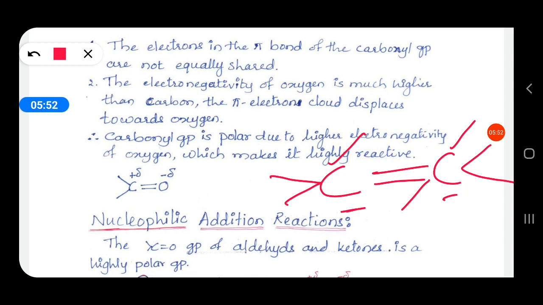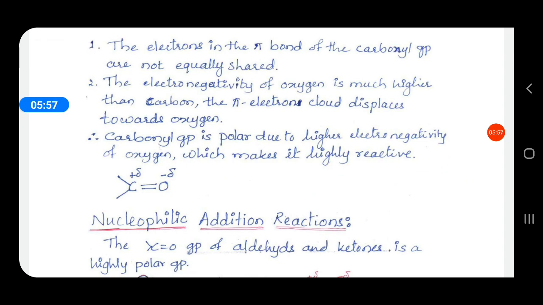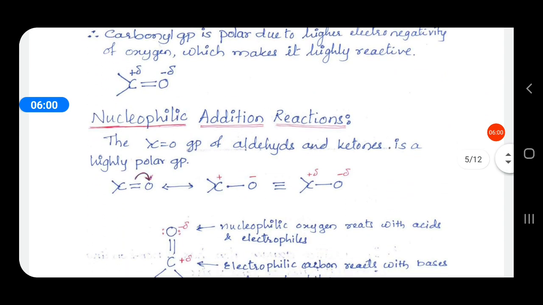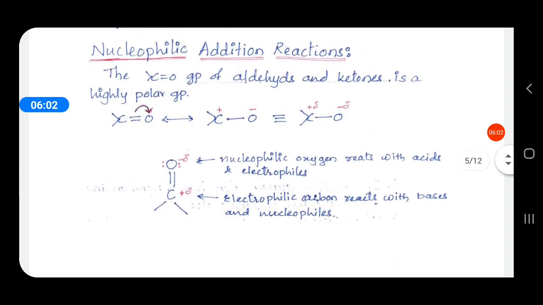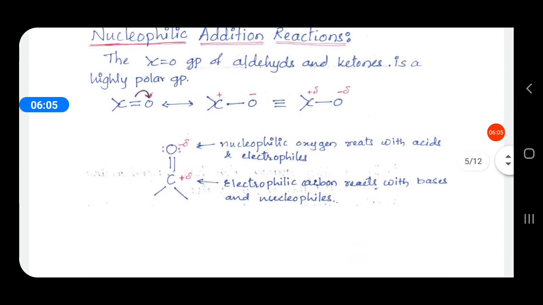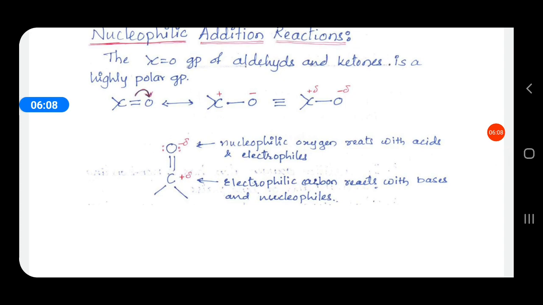Whereas the carbonyl group is polar due to the higher electronegativity of oxygen. In electrophilic or nucleophilic addition reactions, the carbonyl group is highly polar because the shared pi electrons are shifted toward oxygen. So oxygen gets a small negative charge and carbon gets a small positive charge.